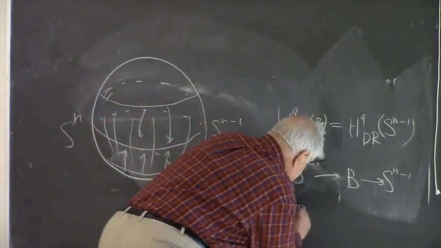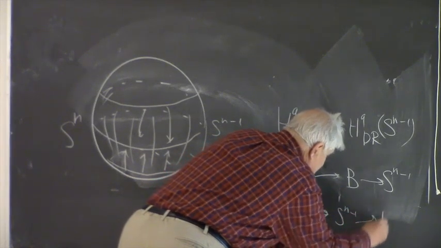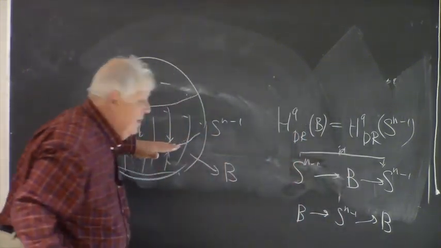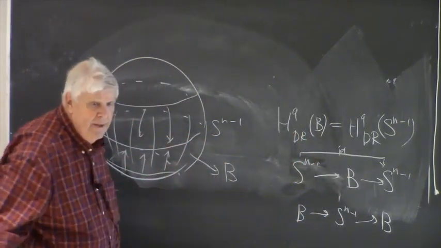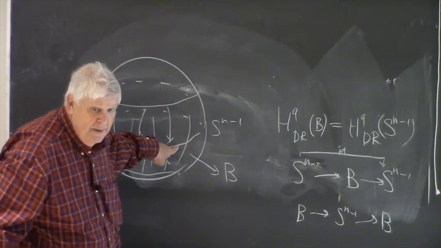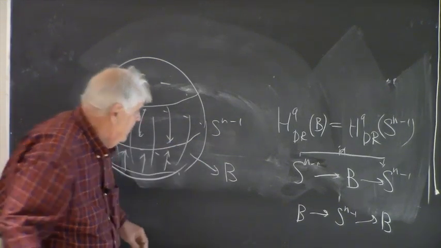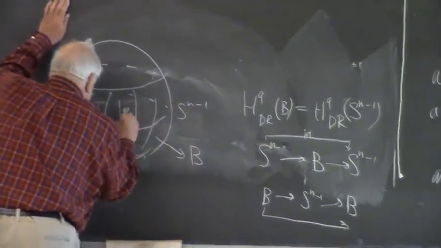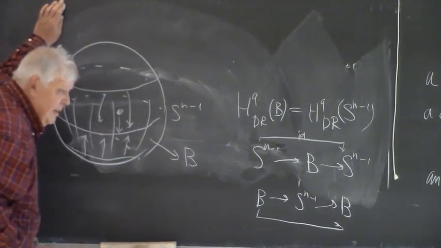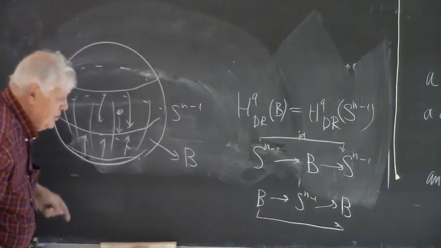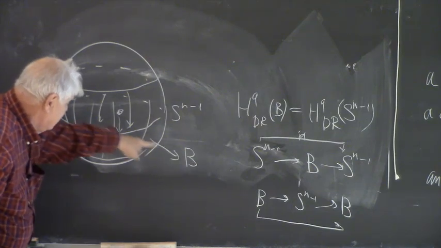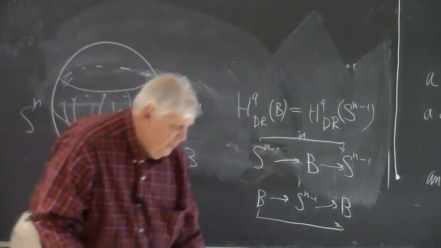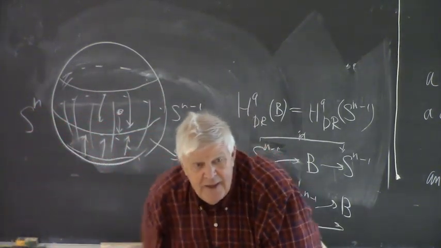and two compositions. This composition is the identity, because we first embed the sphere into the belt, and then project the belt back into the sphere, but every point of the sphere is mapped onto itself. The second map is not the identity. So we take a point of B, it is mapped onto a point of Sn minus 1 by the projection, and this point of Sn minus 1 is considered again as a point of B. This is such a collapsing map of B into itself, which is very obviously homotopic to the identity.